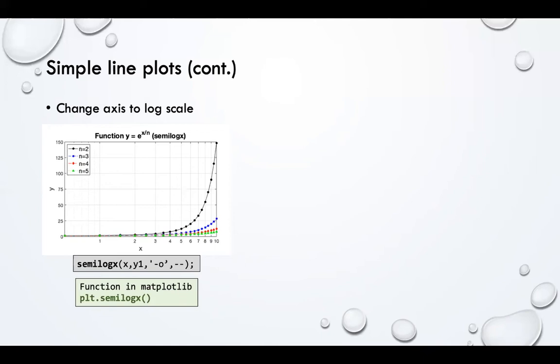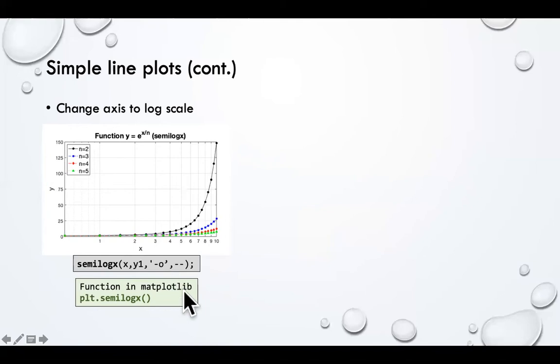So you can use semilogx to change the x-axis to log scale. The only thing this command does is change the x-axis to log scale in one direction, only the x-axis, and the y keeps linear.